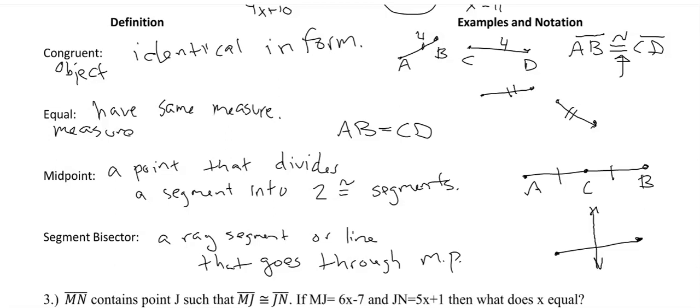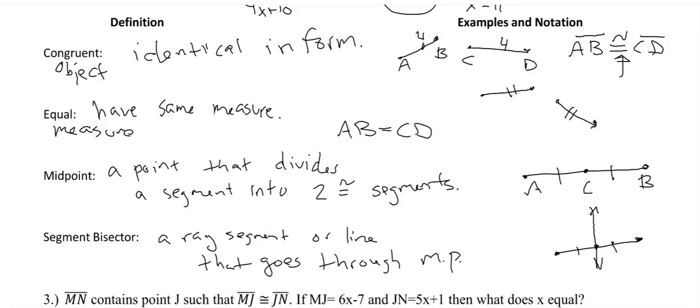You see how this goes through its midpoint? This thing right here is called a segment bisector. Bi means two. Sector means cut, I think. I don't know. Ask Mrs. Rudabush. So segment bisector cuts the segment through its center. All right? That's what a segment bisector is.